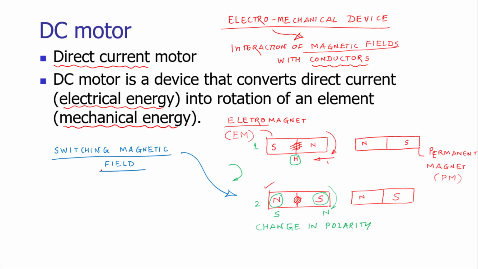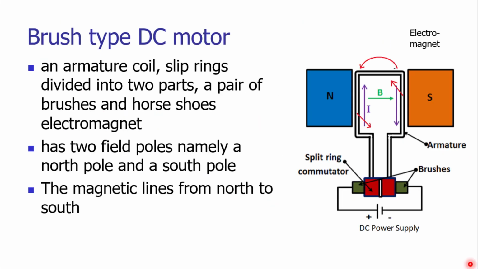The purpose is the same, to convert electrical energy into mechanical energy, but the mode of switching the magnetic field is different. The first and basic type of DC motor is the brush type DC motor.